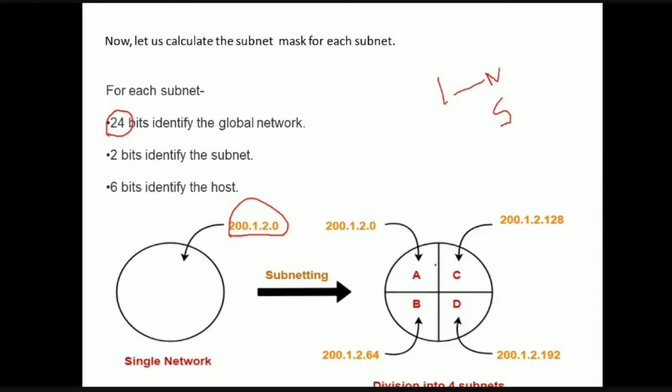Now we wanted to divide this into 4 subnets. How many bits do we have to borrow from the host ID part? 2 bits. These 2 bits we use for identifying the subnet, and the remaining 6 bits we use to identify the host, right? So for the subnet mask, how many ones should be there? 24 bits for the global network ID plus 2 bits for the subnet ID, 24 plus 2 is 26.